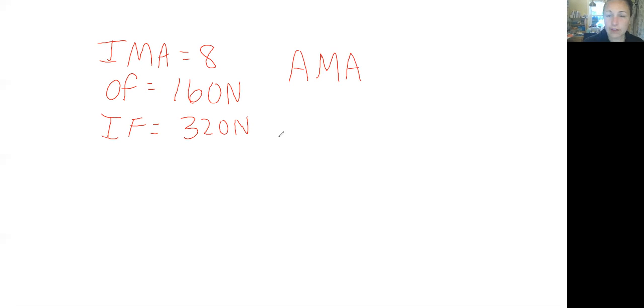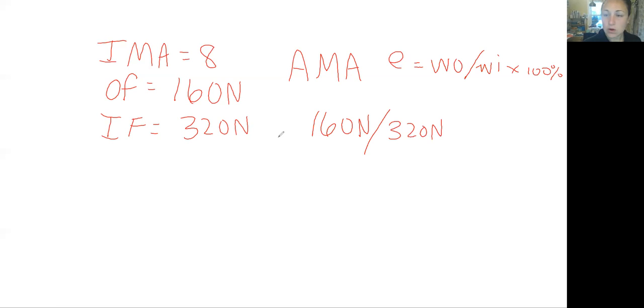Okay, so if we do some of our equations, efficiency equals the work output divided by the work input, then times 100%. So our work output would be 160 newtons and our work input would be 320 newtons. So we're doing 160 newtons divided by 320 newtons times 100.